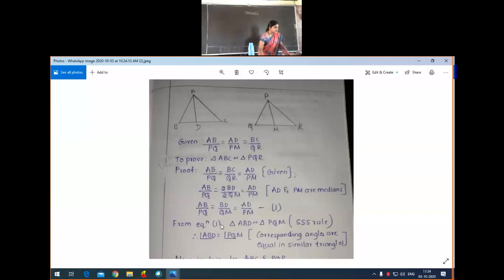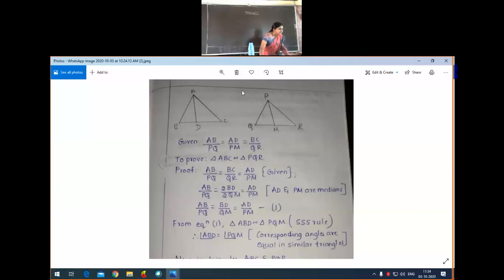So from equation 1, what can we say? Here you just observe the ratio: AB by PQ, then BD by QM, then AD by PM. Here the sides of the small triangles have come in proportion. Right?